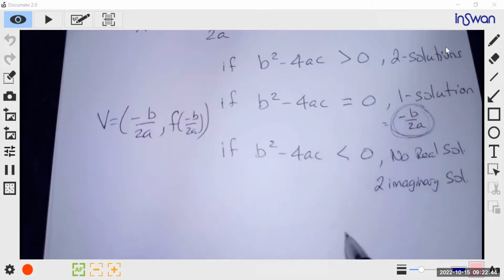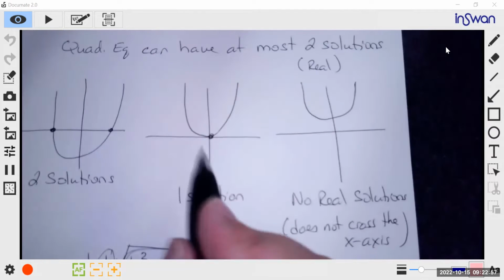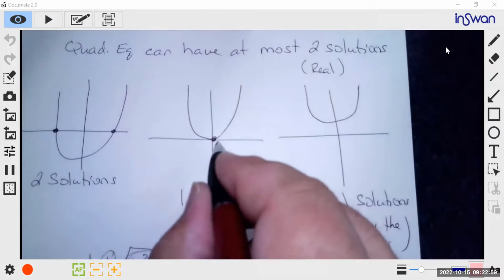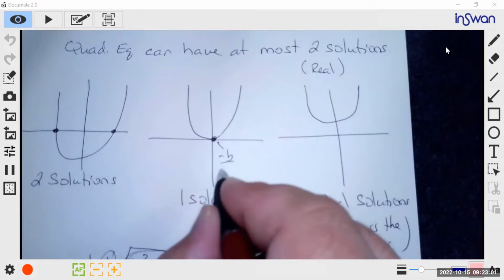That's the x value. In other words, if it's 0, all you're going to have is one point touching the x-axis, and that's going to be the vertex. So that point there is negative b over 2a.